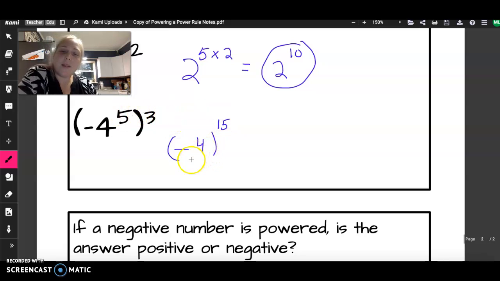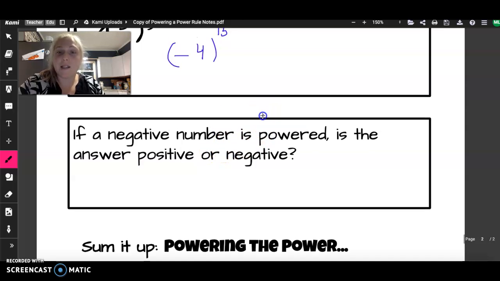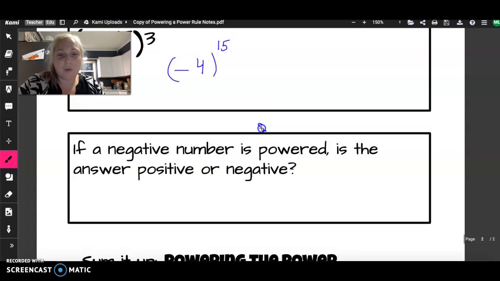But think about, would the answer to that problem be positive or negative? Go ahead and pause your video for a moment and figure out, would this be a negative number if you took it to standard form, or would this be a positive number? Did you all tell me that it depends on the exponent? Because if you did, you would be correct.